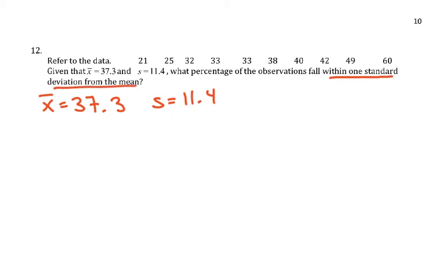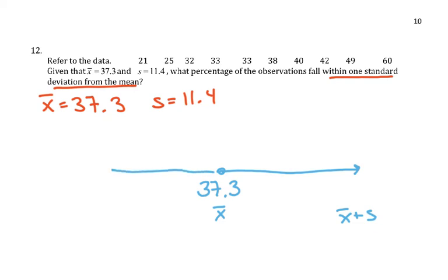So this is how we do this. You have the mean here in the middle. That's our mean. Now, I'm going to go 1 standard deviation above the mean, and I'm going to go 1 standard deviation below the mean by calculating these numbers.